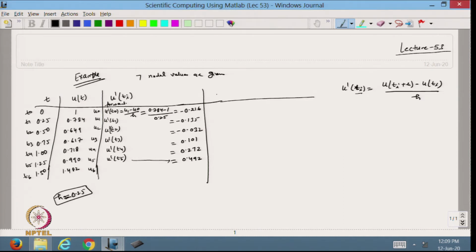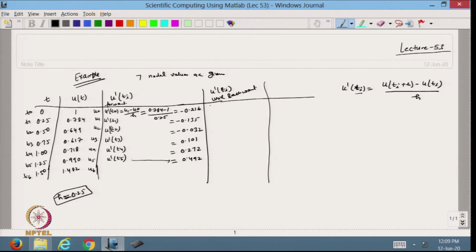Now in the same way I can define u dash at ti using the backward operator. If I use the backward, then I will apply this formula.